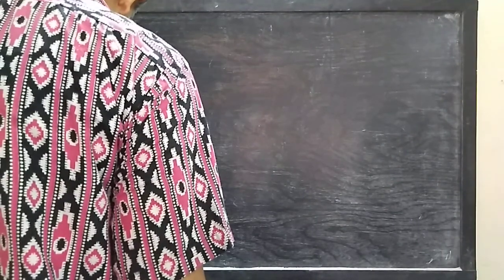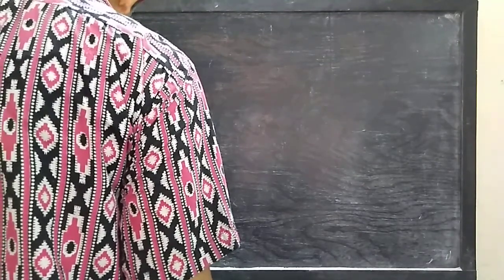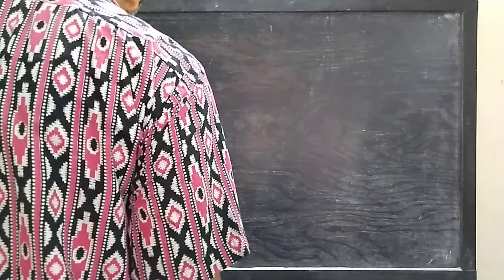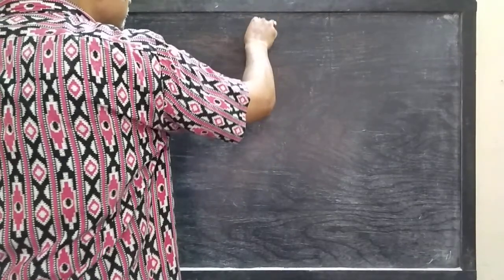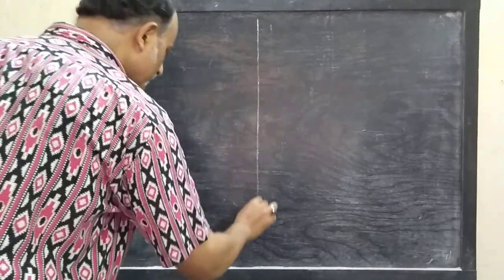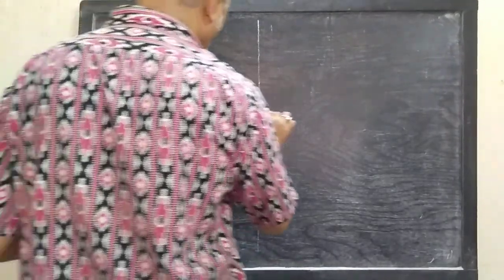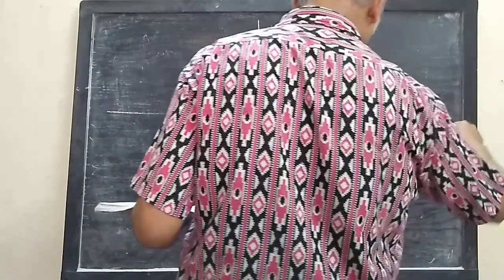Plot the points on the graph sheet, taking this scale along both axes, and reflect this. Draw the coordinate axes in your graph sheet.